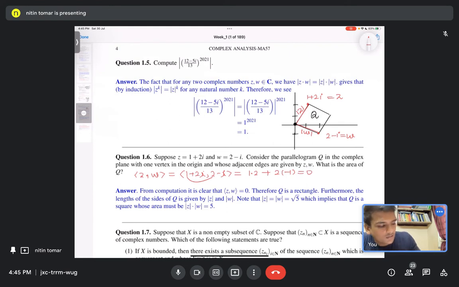So these two are perpendicular, which is also visible in the figure. Therefore Q is a rectangle. What is the area of the rectangle? It is mod Z times mod W, the product of the lengths of the adjacent sides.